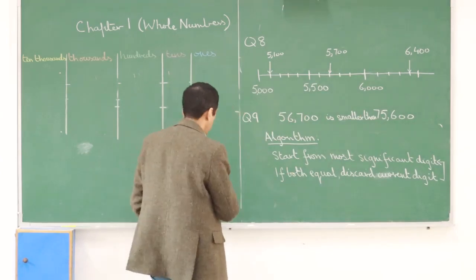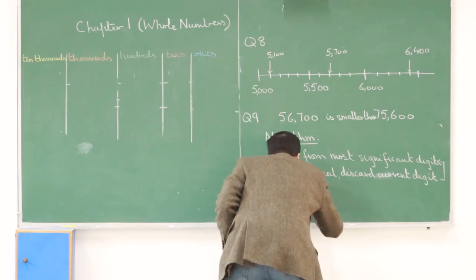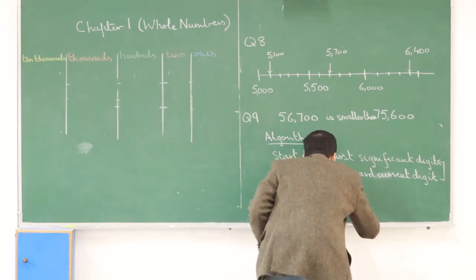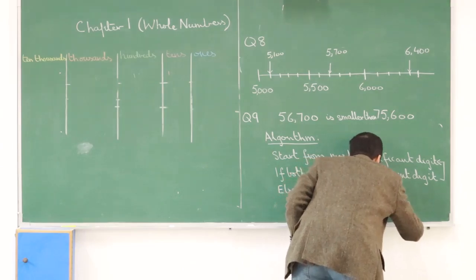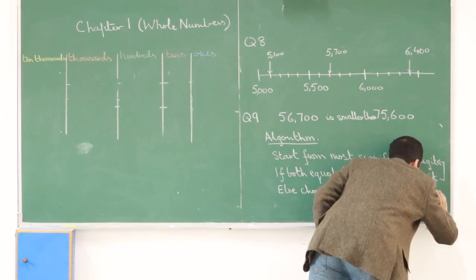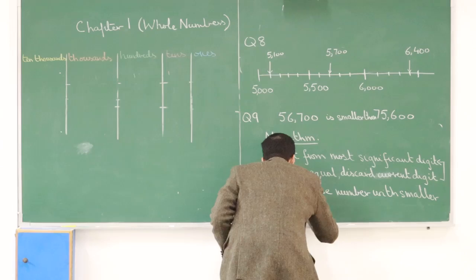Else, choose the number with the smaller digit. You want the smaller number, right? Yes. With the smaller digit. Okay. That was a very simple algorithm that you had.